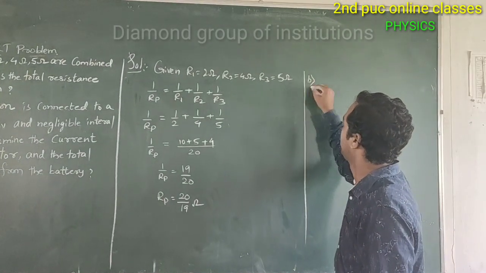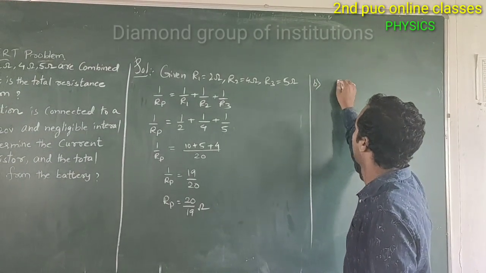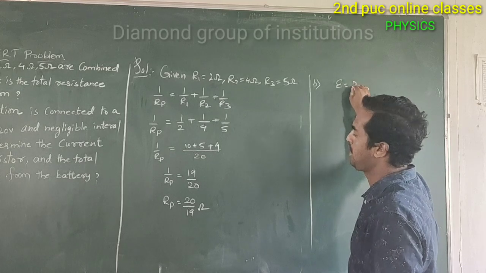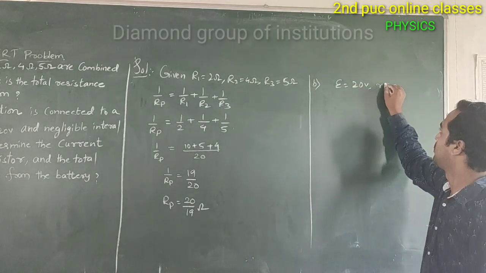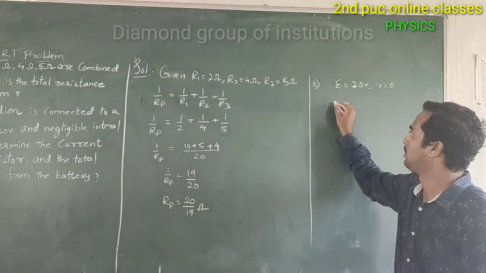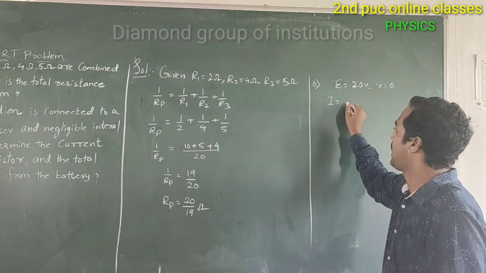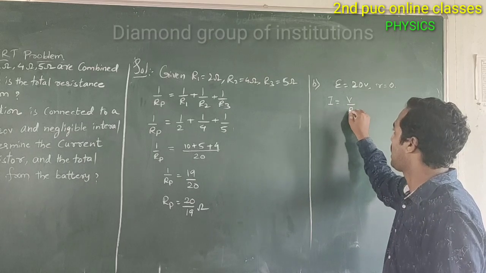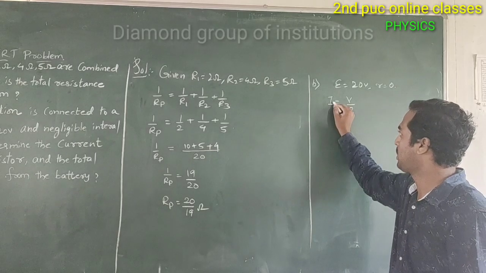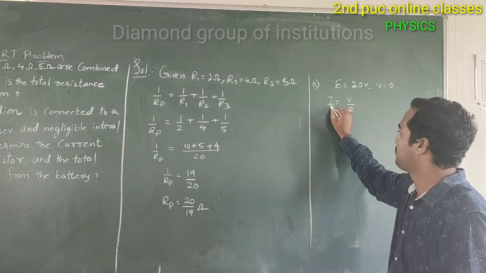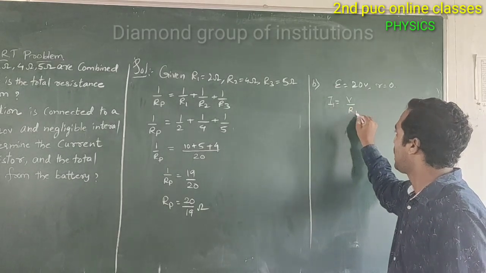Question number B, we can write E equal to EMF value given as 20 volt and internal resistance 0. We can write directly the formula I equal to V by R. Ohm's law, I equal to V by R. But we want I1. So I1 becomes V divided by R1.